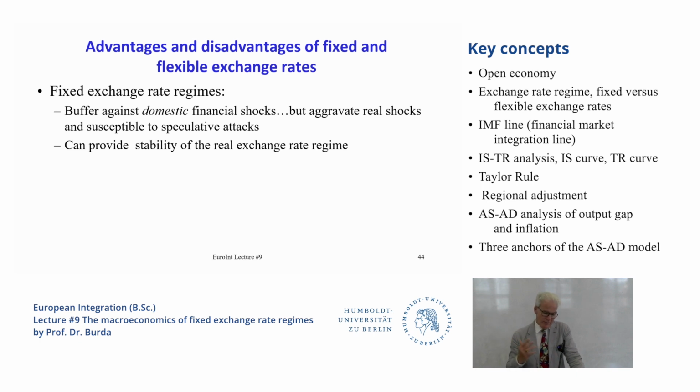Financial shocks at home will automatically be buffered, but real shocks will get aggravated. It makes fiscal stimulus more expansionary, because you don't have the interest rate as a brake. I'll show you next week that it provides stability of the real exchange rate, which a lot of producers like.